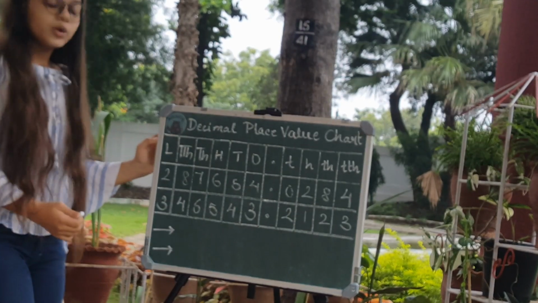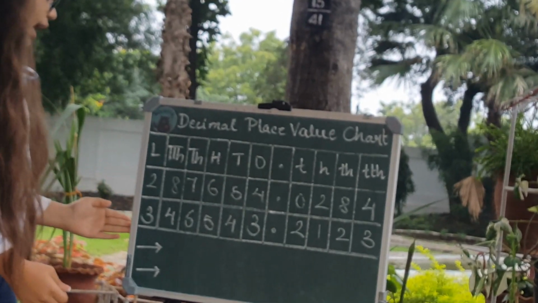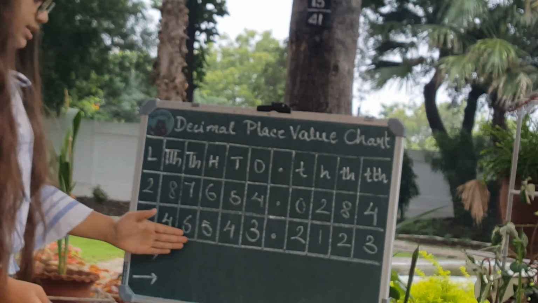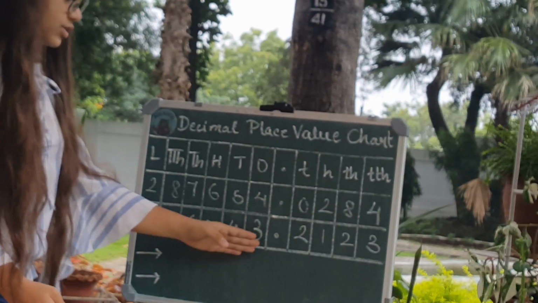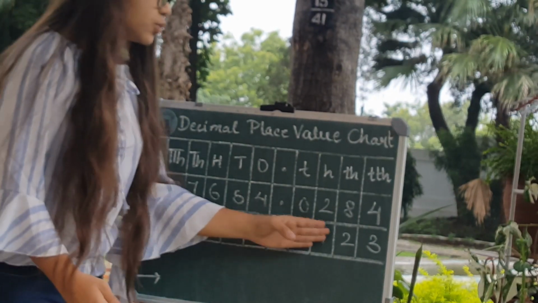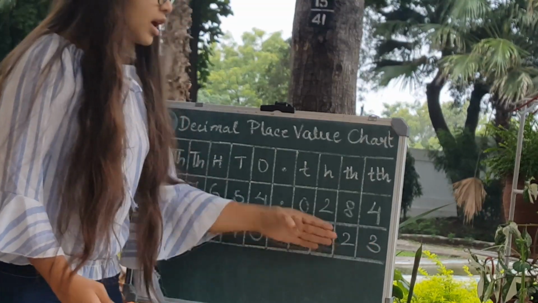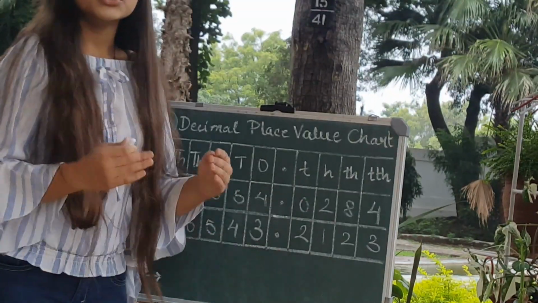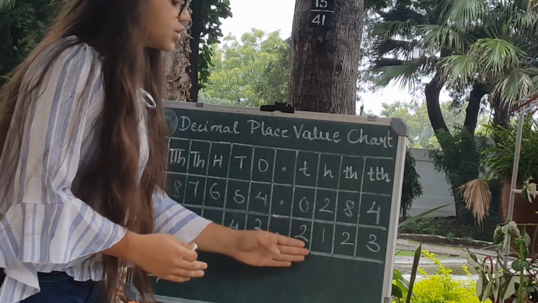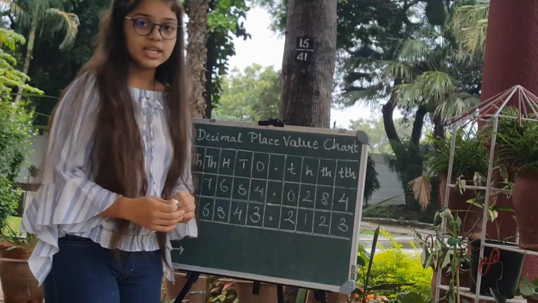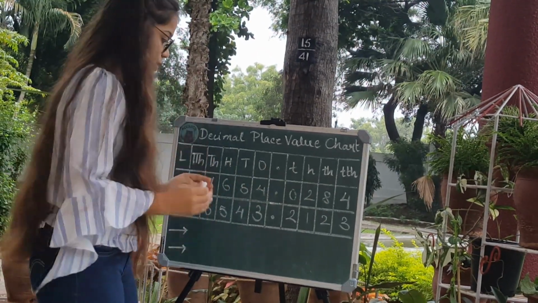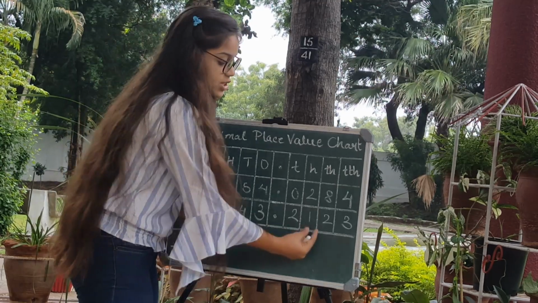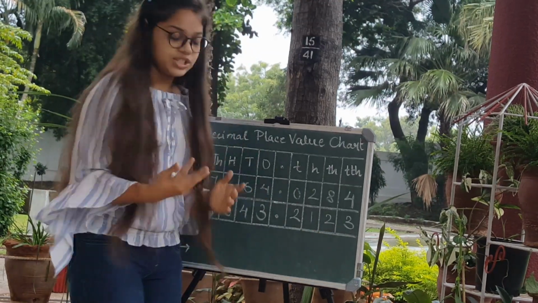Let me give you another example. This number will be read as 3,46,543.2123. After the decimal point, you should not read any number as 2123. That will be completely wrong. These should be read as separate digits.